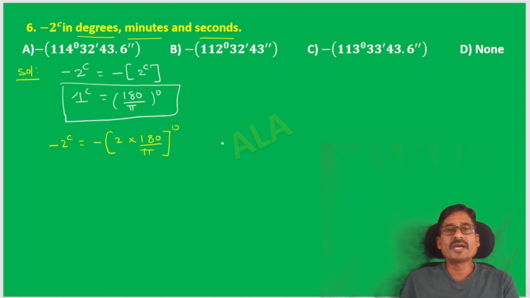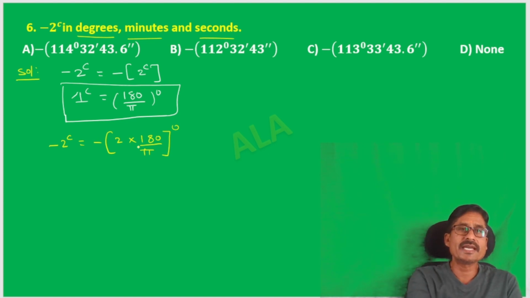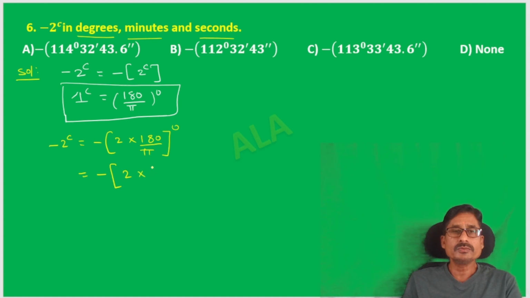Okay, what is the pi value here? Pi value is 22 by 7. We write pi value as 22 by 7. That is equal to minus of 2 into 180 by pi, means 22 by 7.